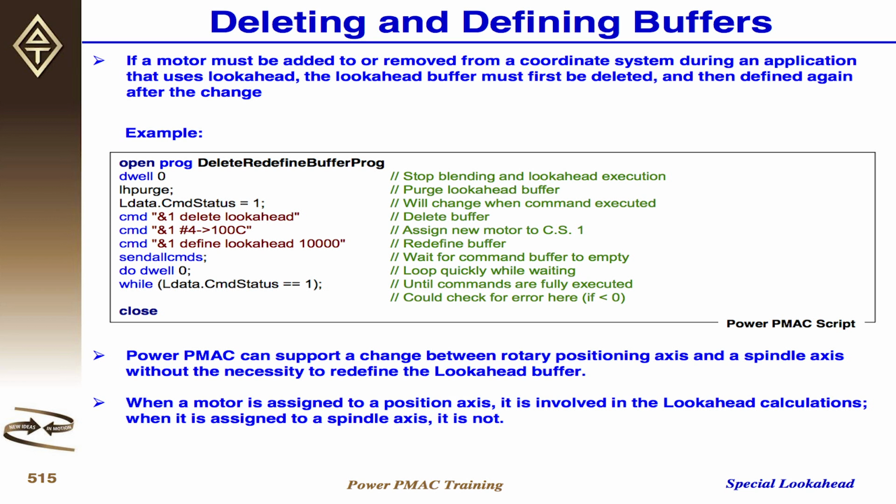So you can delete the lookahead for coordinate system 1: &1, delete lookahead. Then you assign a new motor to an axis: &1, motor 4, for example, assigned to a C axis. Now you need to define the lookahead again: &1, define lookahead 10,000.